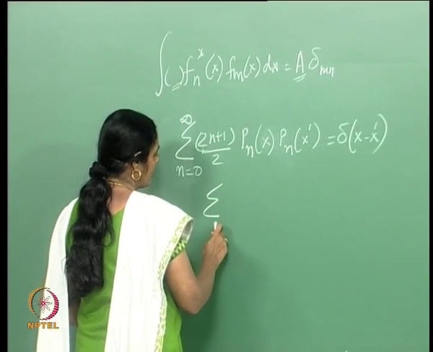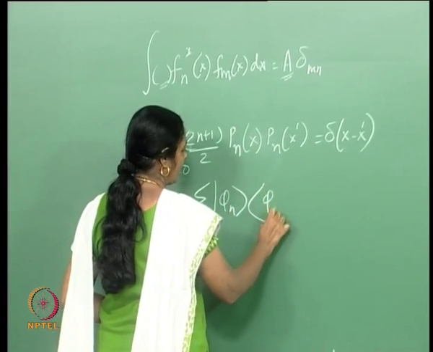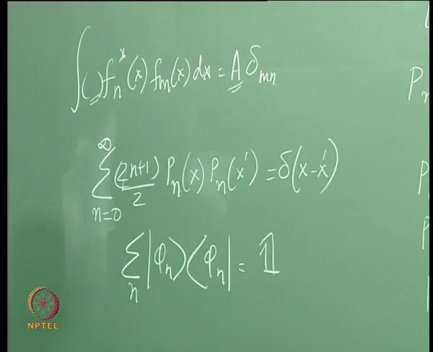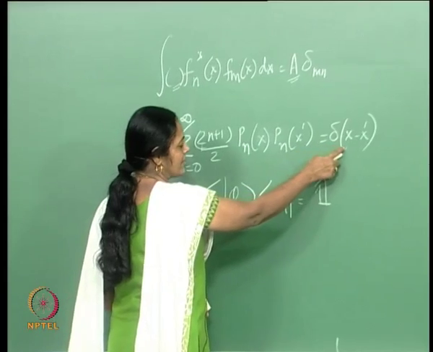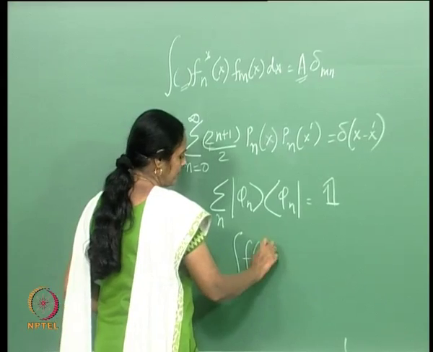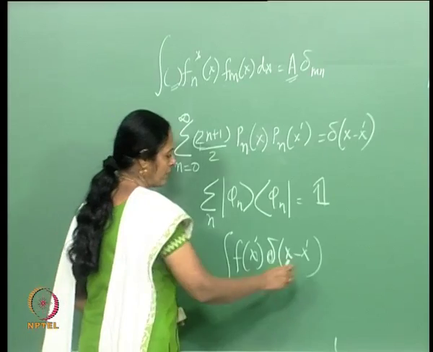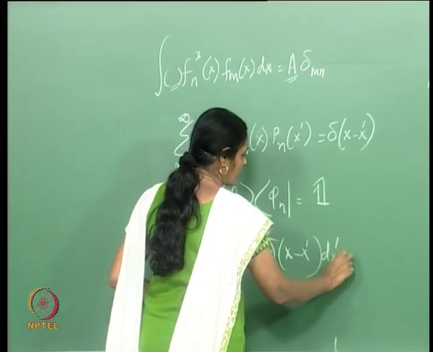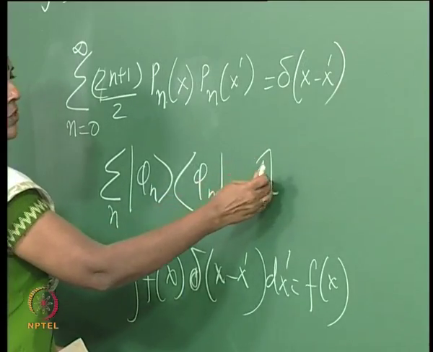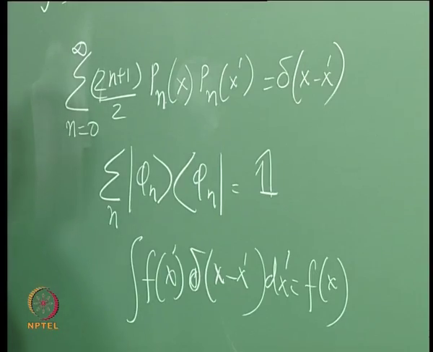We would have summation over n, phi n phi n, is the identity operator. So this is clearly the analog of that, where you know that integral f of x prime delta of x minus x prime dx prime is f of x. So it is in that sense that instead of the identity operator, we have delta of x minus x prime here.